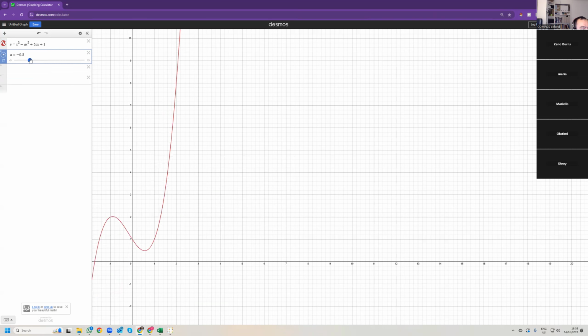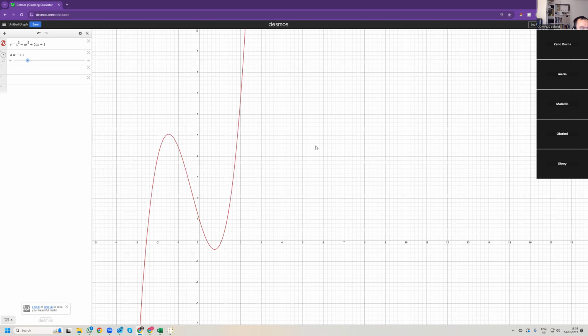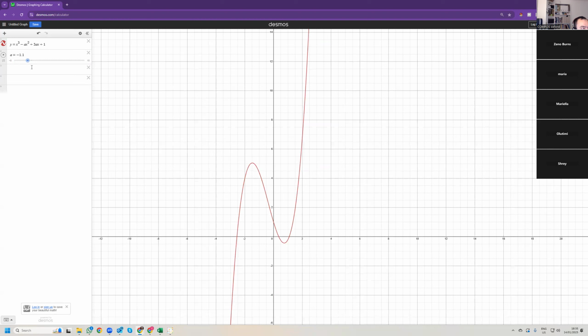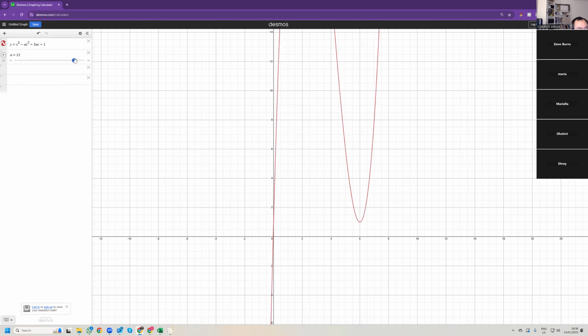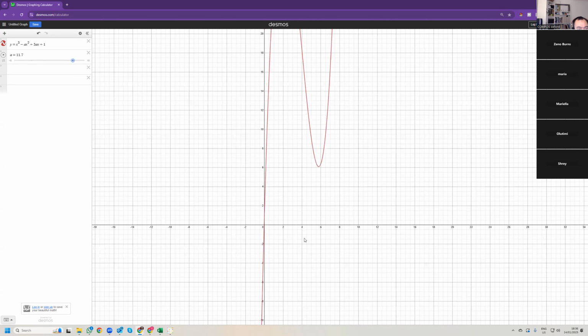So you see when a is minus 5, the function is not monotonic. Now if I drag a, if I increase a, so when a becomes 0, it becomes monotonic. If I keep increasing a, and now it stops being monotonic again.